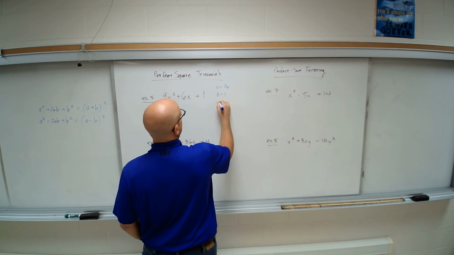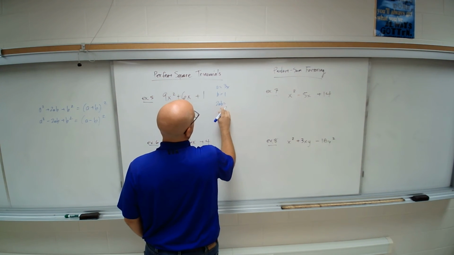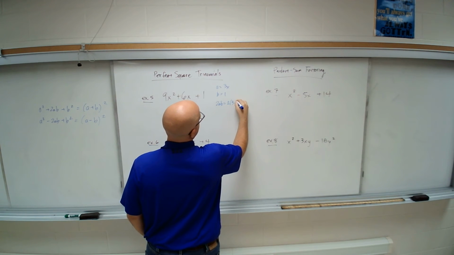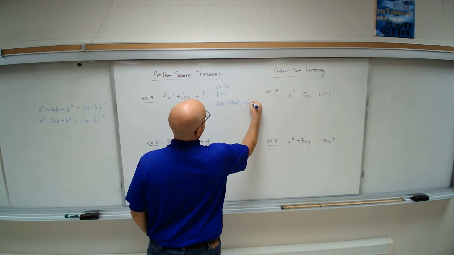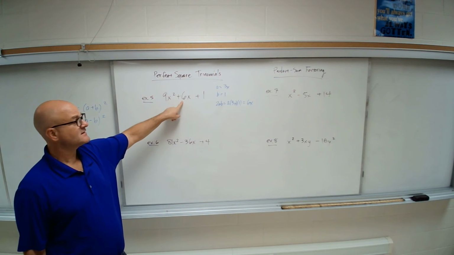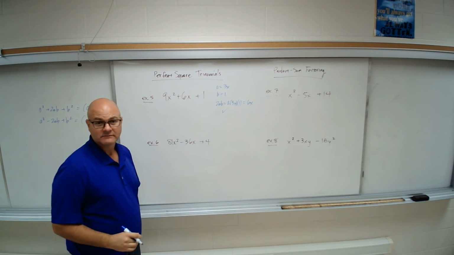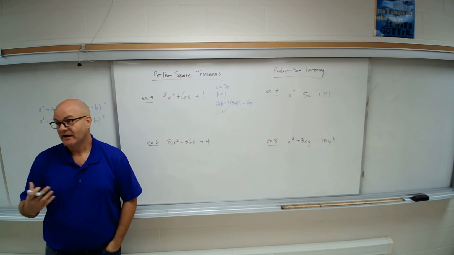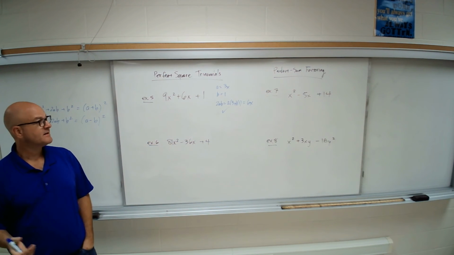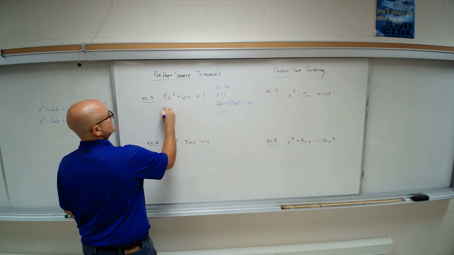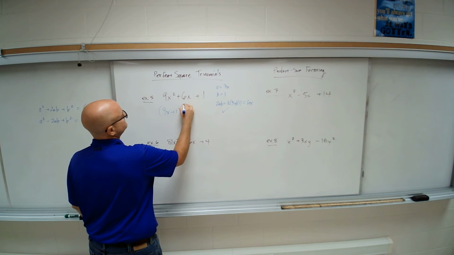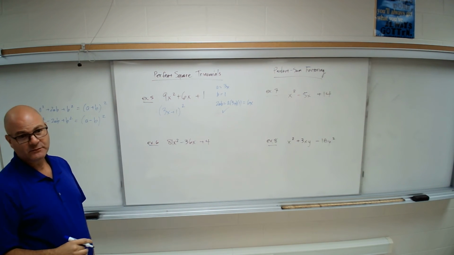Then I want to check what would 2ab equal. Well, that would be 2 times 3x times 1, which does give us 6x. So it fits the pattern, right? So really all we had to check is does it have the 2ab? If it does, it fits the pattern. So that's going to give us 3x plus 1, the quantity squared.